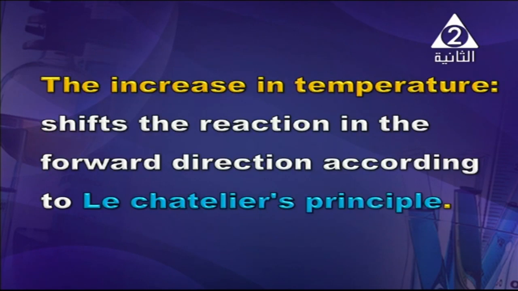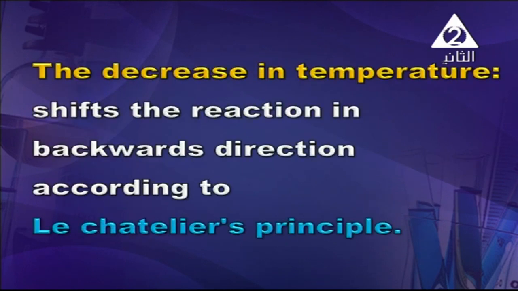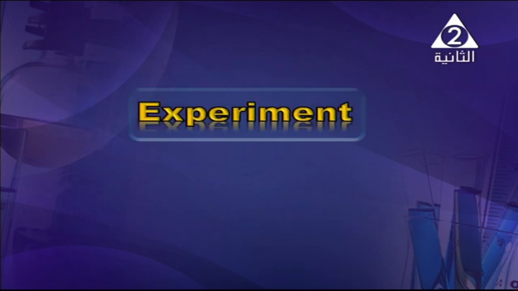Here the increase in temperature shifts the reaction in the forward direction according to Le Chatelier principle, and so the decrease in temperature shifts the reaction in the backward direction according to Le Chatelier principle. So we are going to make an experiment to show the effect of the temperature on the rate of chemical reaction at equilibrium.